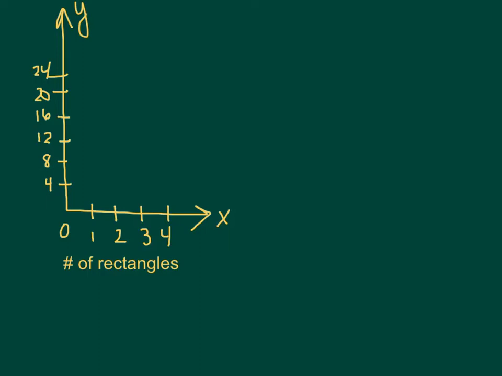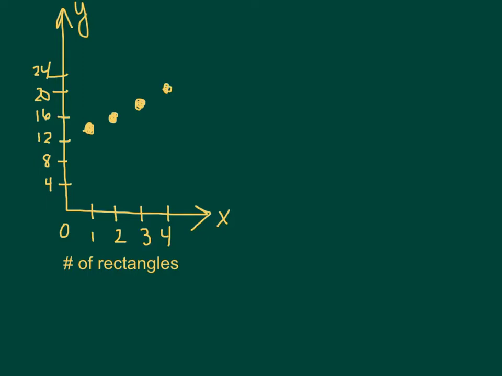So if we graph, after one rectangle, we have 1 with a perimeter of 14. So we graph over 1, up 14. Then we have 2 rectangles as a perimeter of 16. 3 rectangles is a perimeter of 18. And 4 rectangles gives us a perimeter of 20.